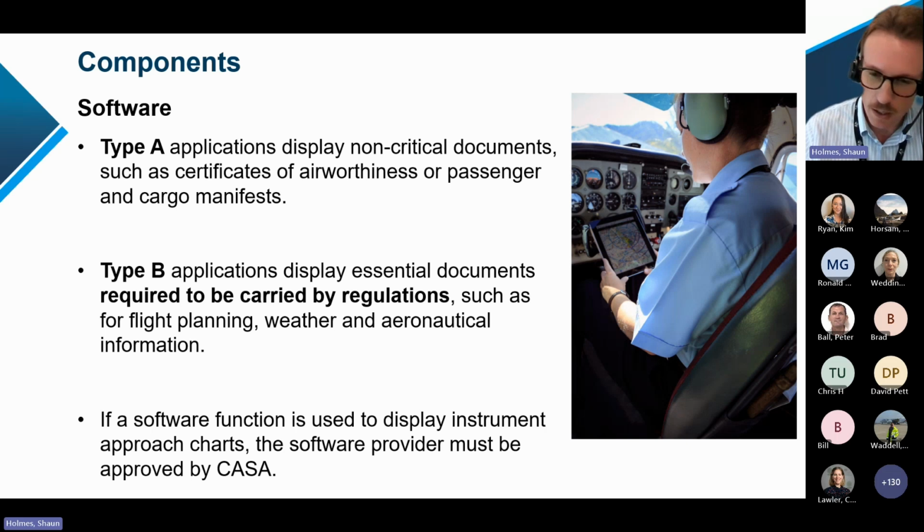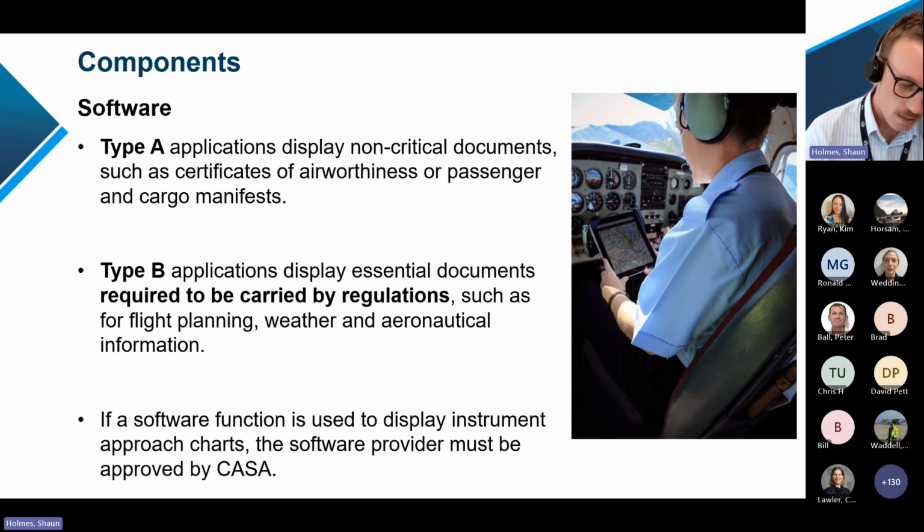Which follows on that a type B application is going to display essential documents required to be carried by the regulations. So we're talking about your aeronautical information, so your maps, charts, aerodrome information, your weather and NOTAMs, that sort of thing are displayed by type B applications.